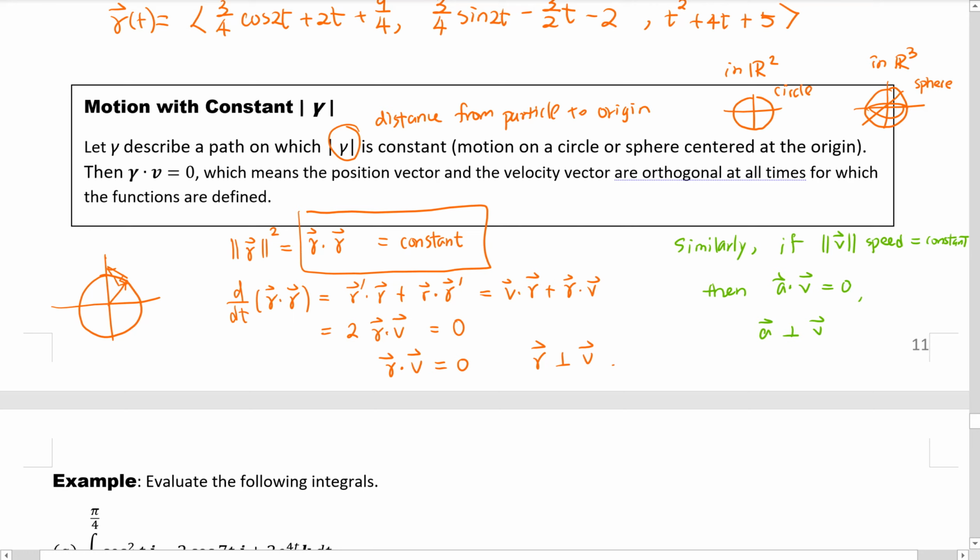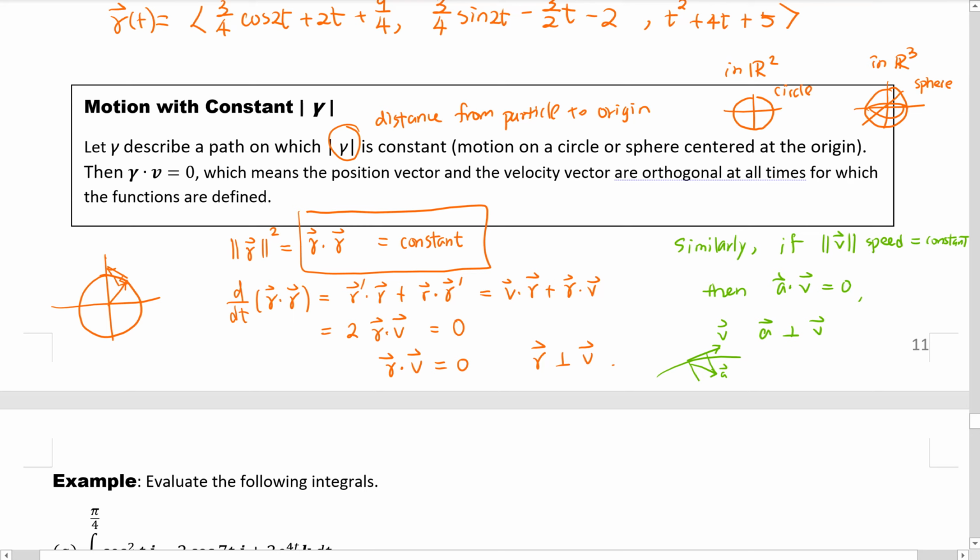And it kind of makes sense because let's say your particle is going this way, this is the velocity, right? And let's look at your acceleration. Usually your acceleration can decompose into 2 components. One component is parallel to the velocity.